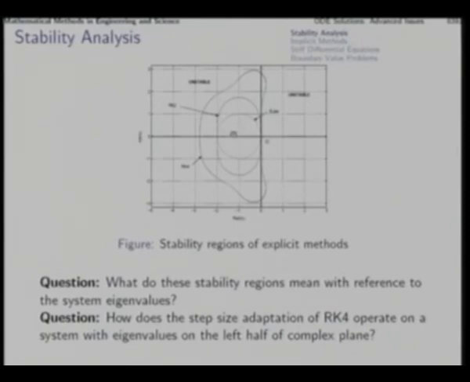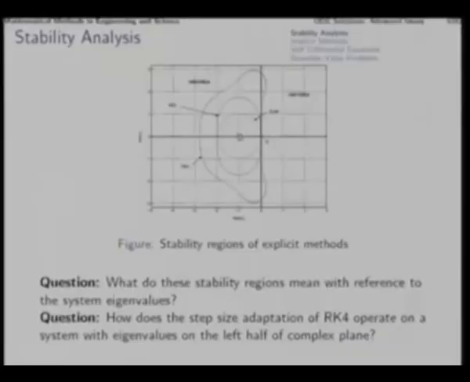On the other hand, if you take an h step size which is larger, so that the eigenvalues of h j fall somewhere here, then the method will be unstable, because in that case eigenvalues of I plus h j will have sizes which are larger than 1.